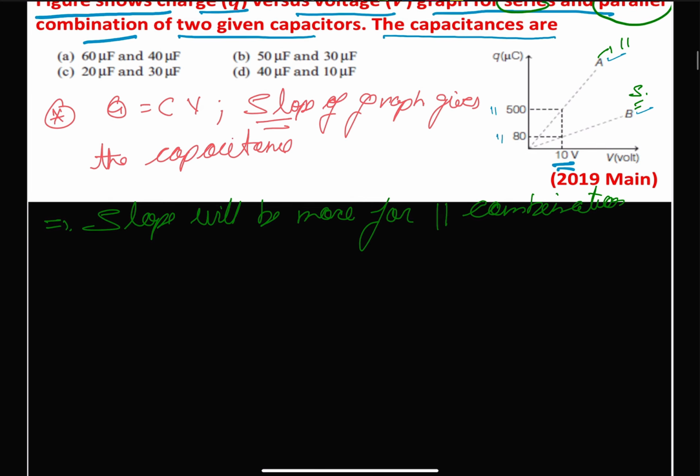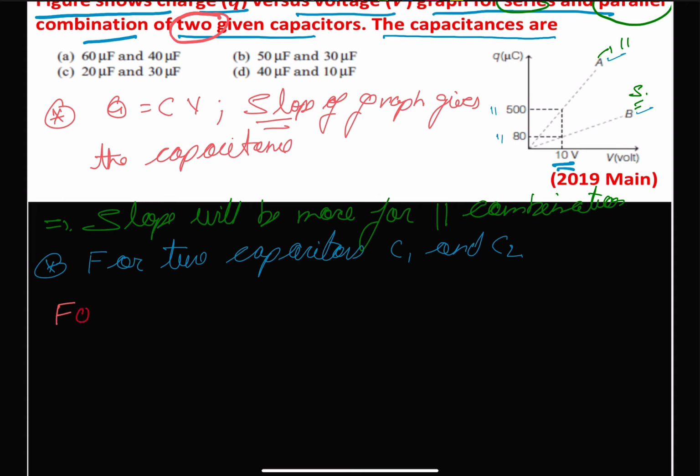Because in the question it is mentioned that we are having two capacitors, so for two capacitors C1 and C2, for parallel, we can say the resultant will be C1 plus C2, and that is nothing but charge over voltage.